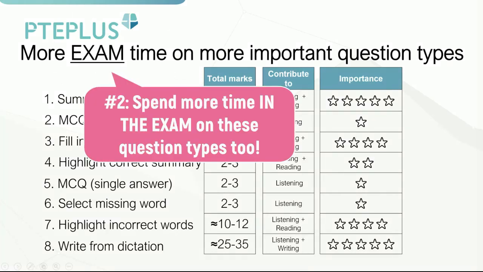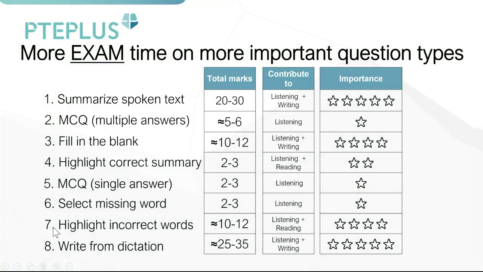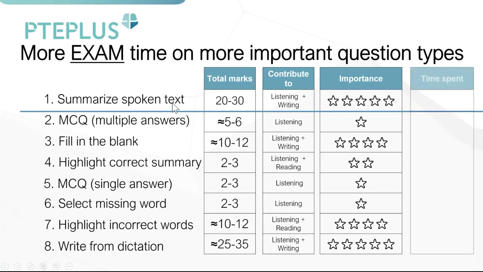Because if you remember from the Part 1 introduction, you saw that the listening part of the exam is split into 2 sections. And for the first section of summarized spoken text, you get one timer of 10 minutes per question, which means that you need to know how to manage that 10 minutes appropriately.